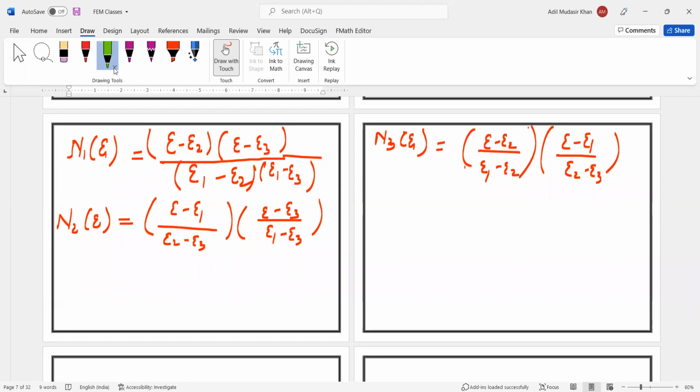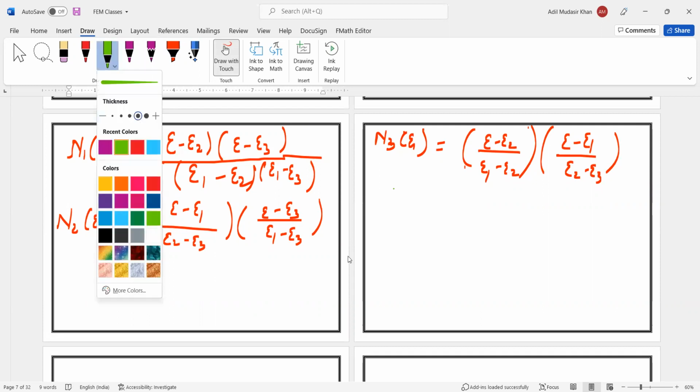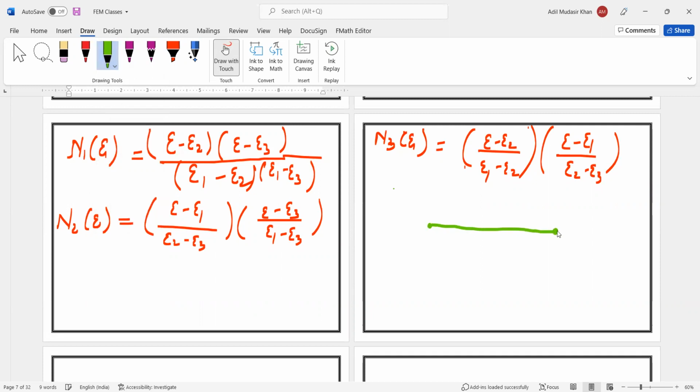We can still solve them. I mean to say, if you take the element with three nodes into consideration, the element is like this, with three nodes. At the center, we have to place our coordinate system.